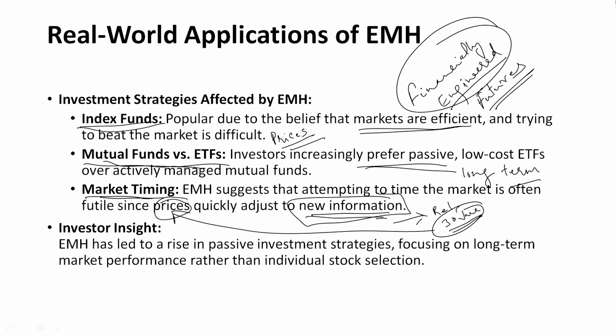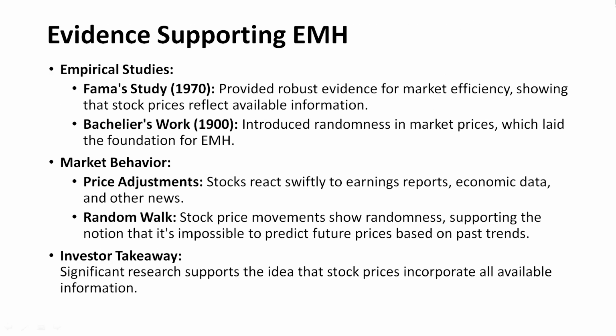The information is there in the public domain, and that information actually has an impact on the prices of stocks. You can also say that this is the best time for you to either purchase a share or sell a share which you already have. So if you believe it in that manner, you can take advantage of the changes in prices based on market timing.